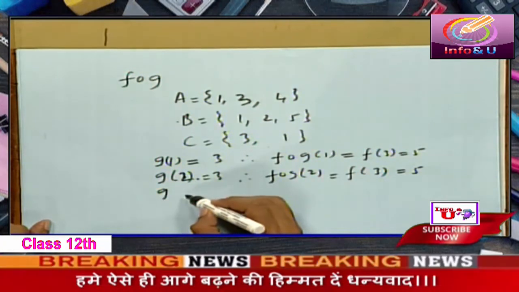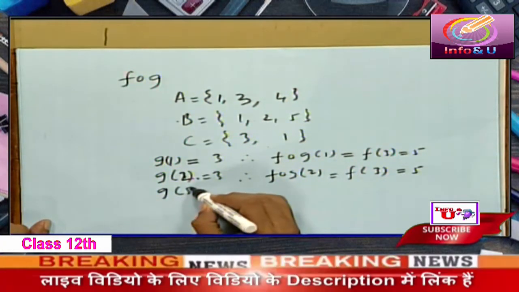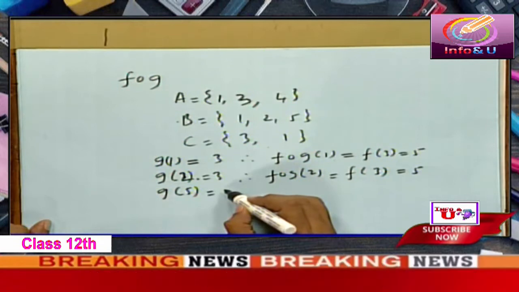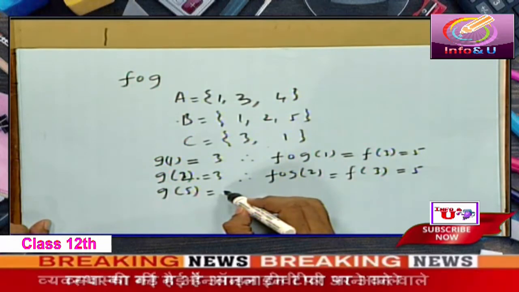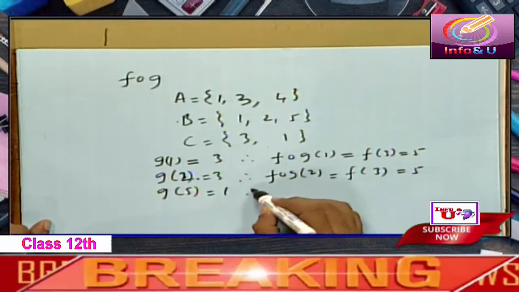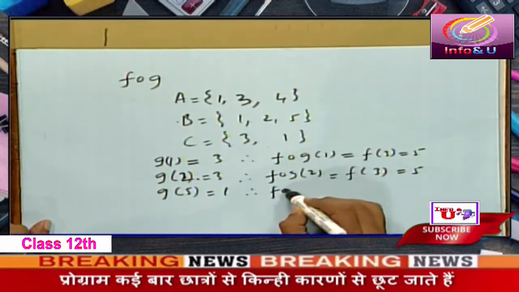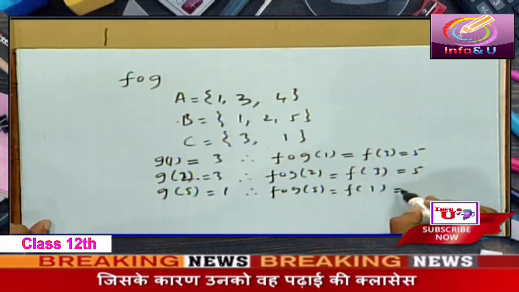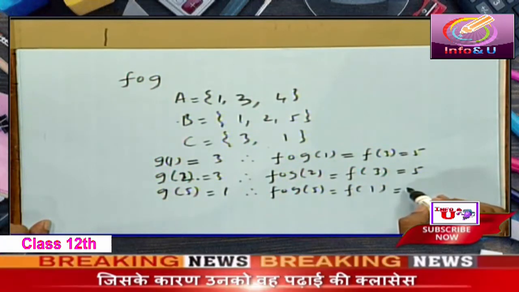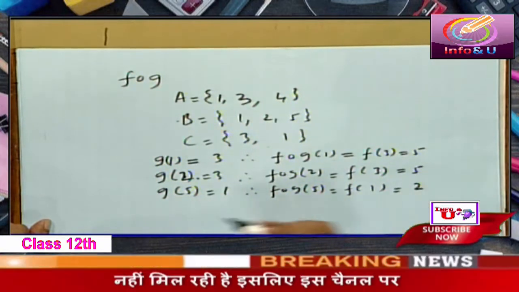Then we go for G of 5. That is G of 5 is 1. Hence f of G of 5 is f of 1 and f of 1 is 2.